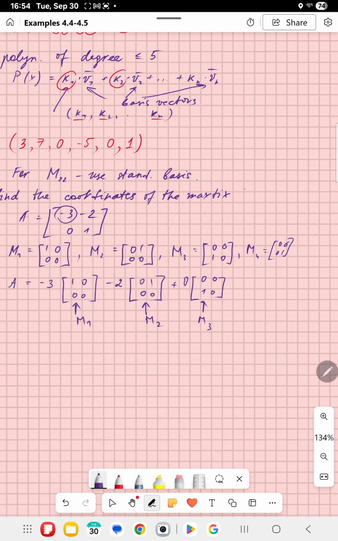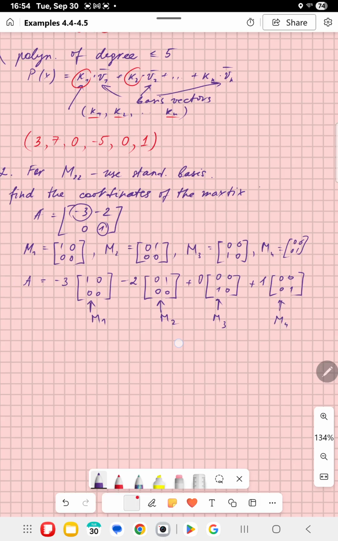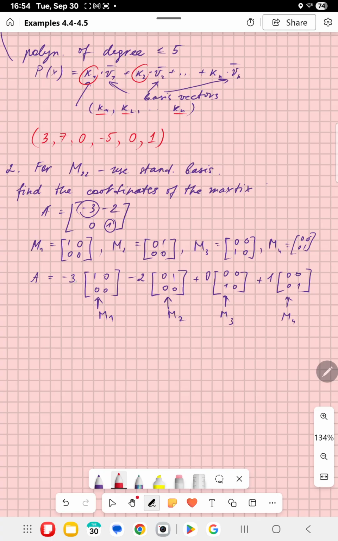And the last one is going to be just 1, M4, just because the element here is 1. So now we are going to look at the coefficients of each of these standard basis vectors and copy them, and they are going to be the coordinates.